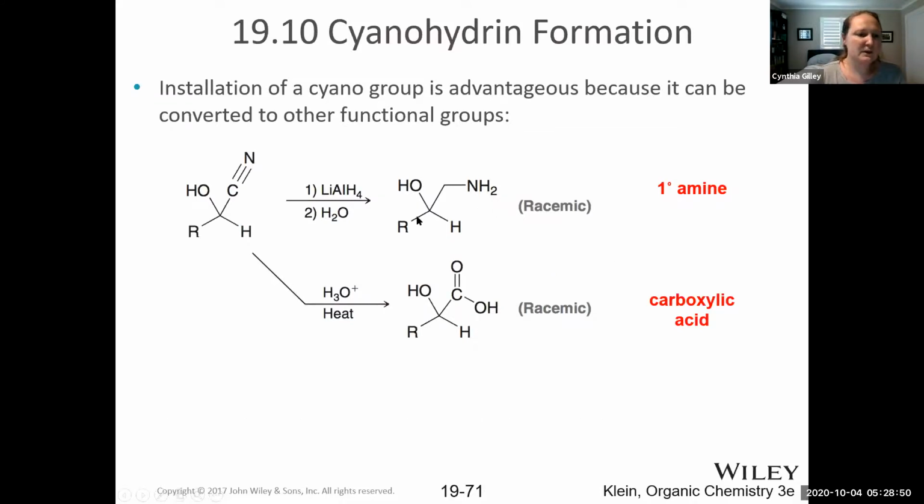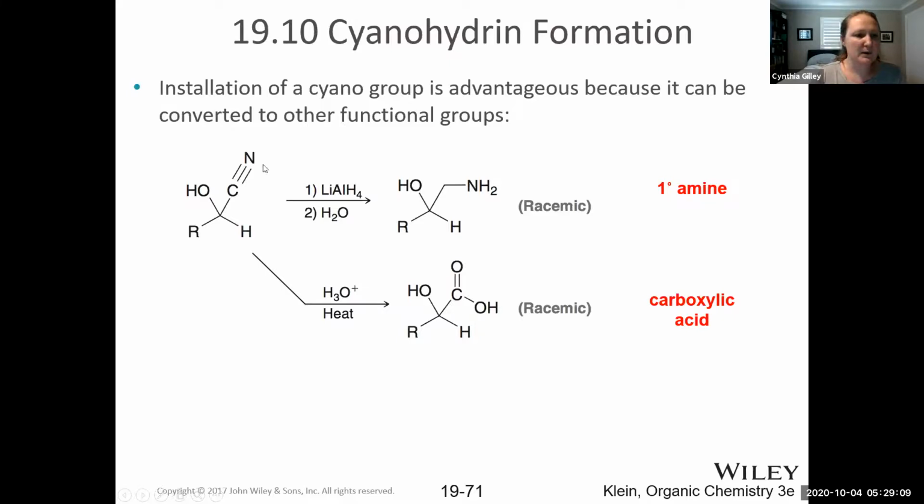What we're going to do, in the next chapter, is explore the reaction of nitriles or cyano groups. So for now, suffice it to say that this is a useful functional group that will allow us to convert to many other types of products.